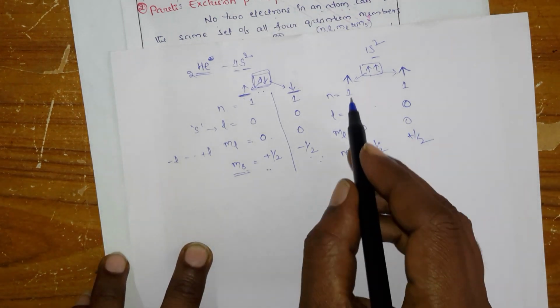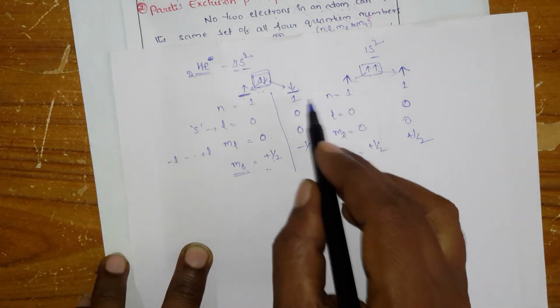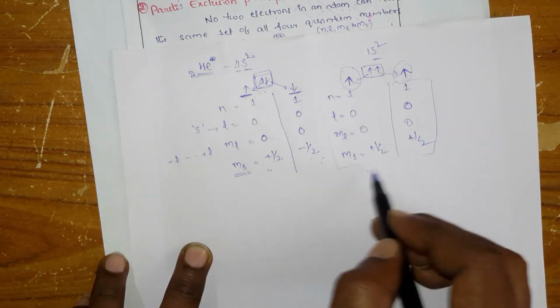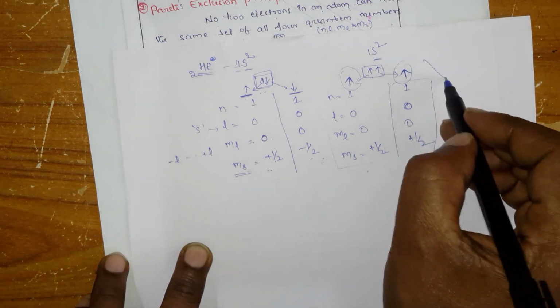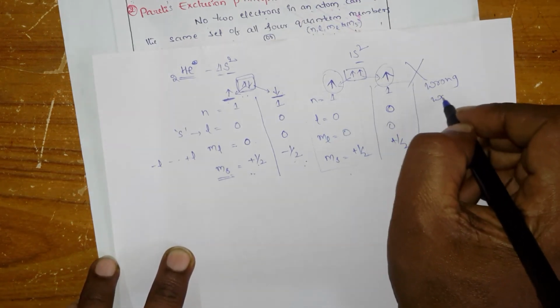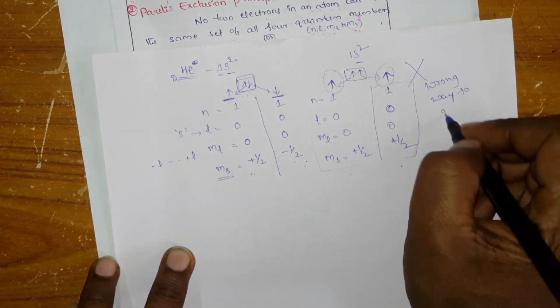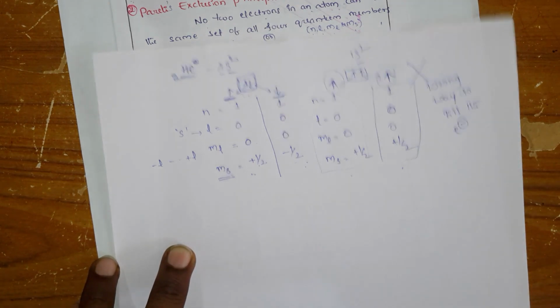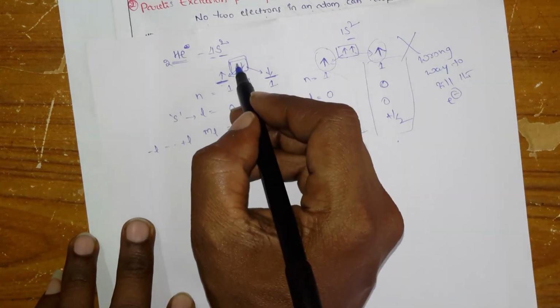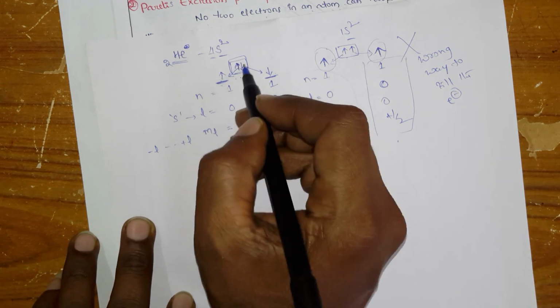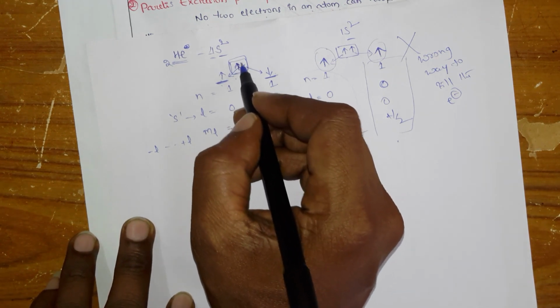Now you see that all four sets of quantum numbers for these electrons are the same, so this is a wrong way to fill the electrons. So how do you have to write? If one is in the same orbital in the upwards direction, another should be in the downwards direction.